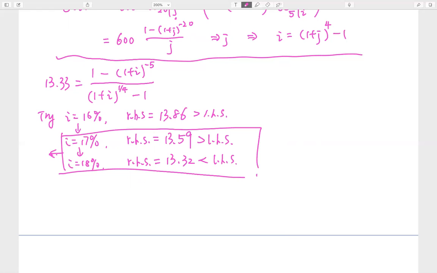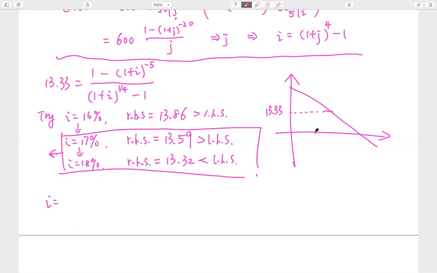So then we apply what is known as the linear interpolation. Okay, then I need to put a weight for this, okay? Because usually what we do is to give you a little idea. So the graphs may be non-linear, but what I do is I assume it's a linear graph. Okay, so this is what I want, 13.33.